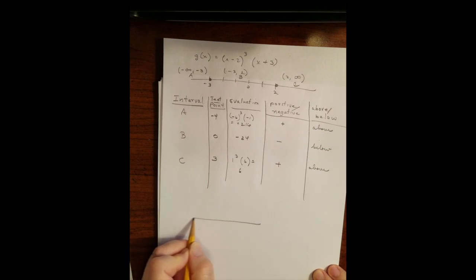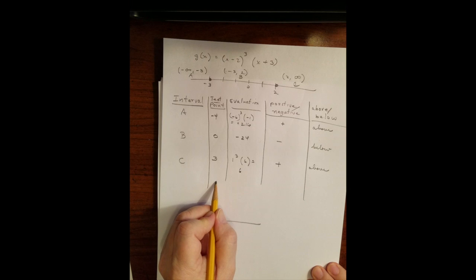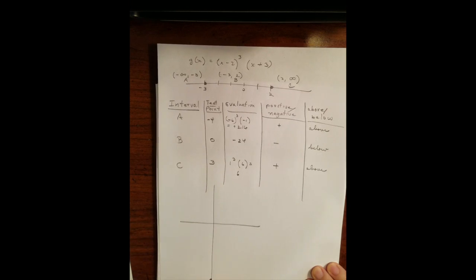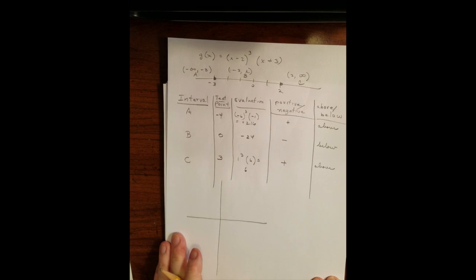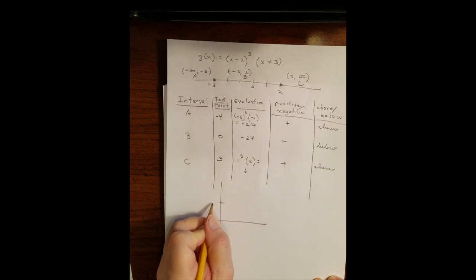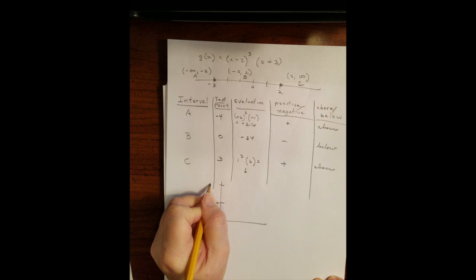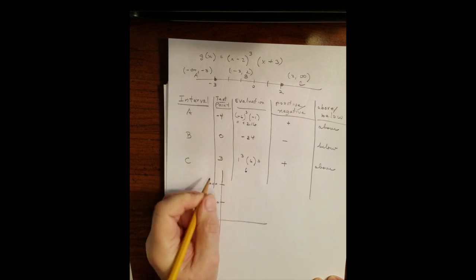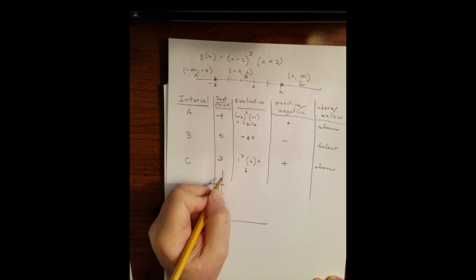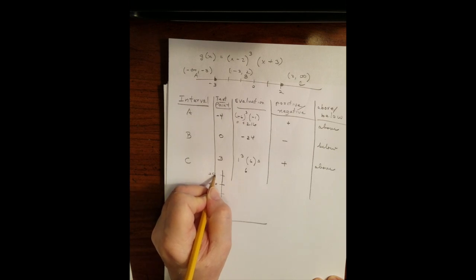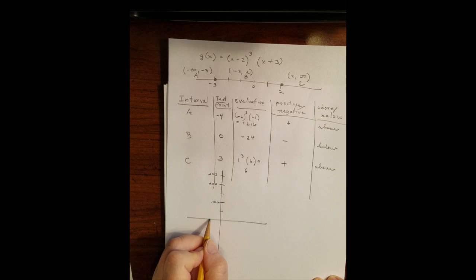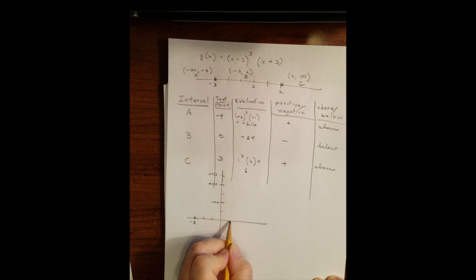Okay, so let's draw our graph. Okay, let's call this 100, 200, so 50, 250, and so we'll have -1, -2, -3, and +1, +2.